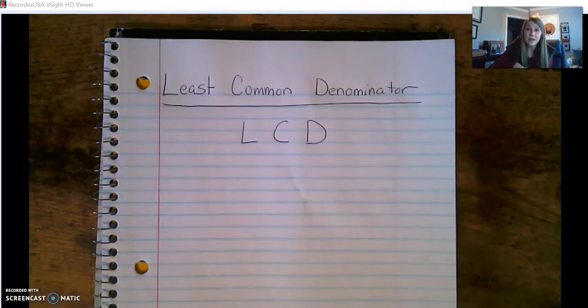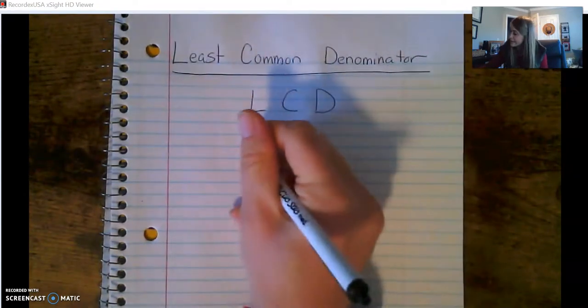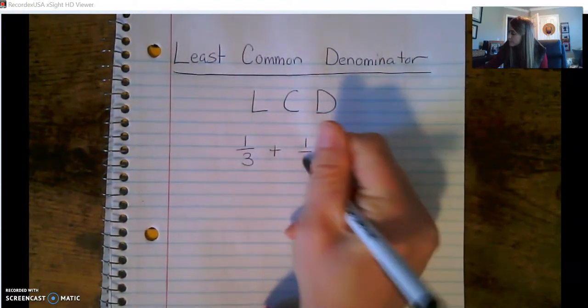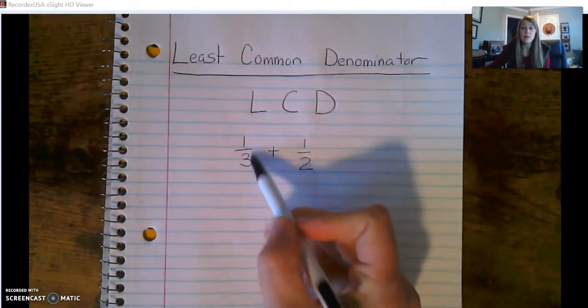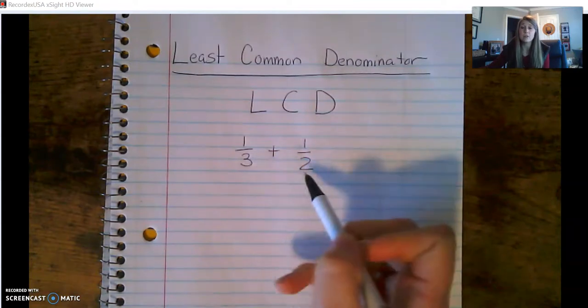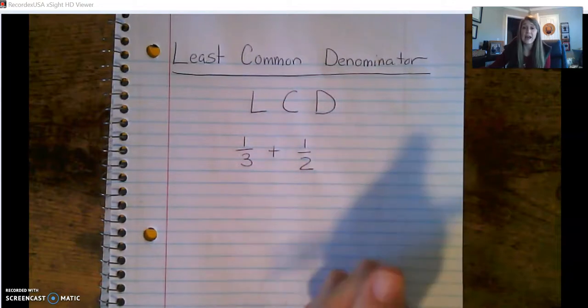But in 5th grade, we start to see problems that look like this. Uh-oh, all of a sudden, we have 1/3 plus 1/2. Our denominators are not the same. This problem cannot be solved as is.